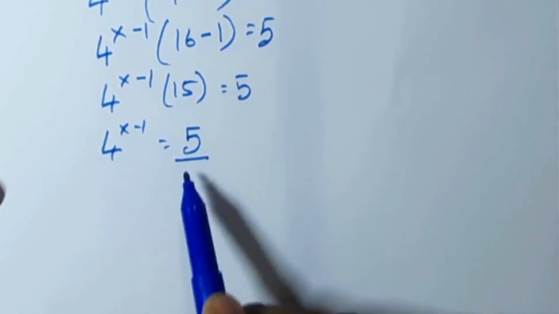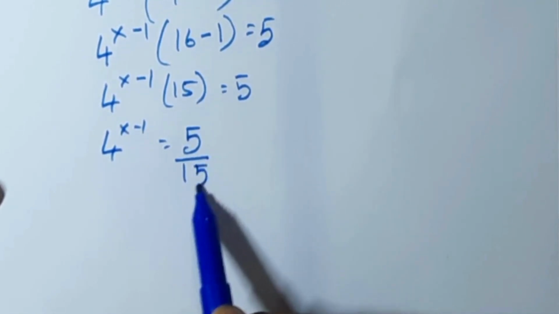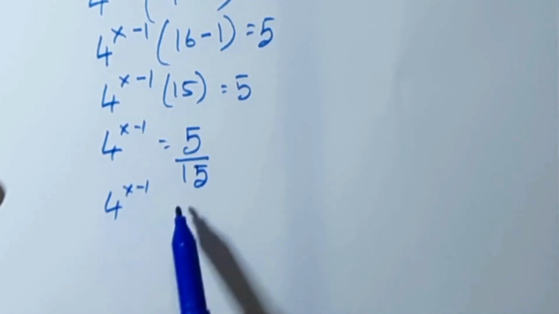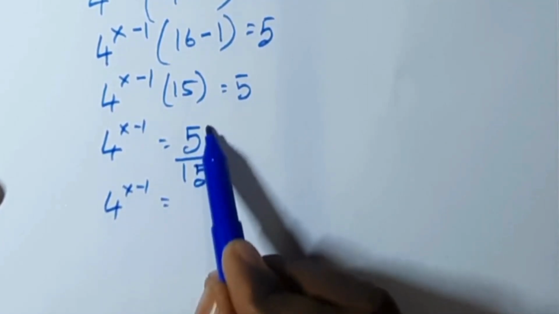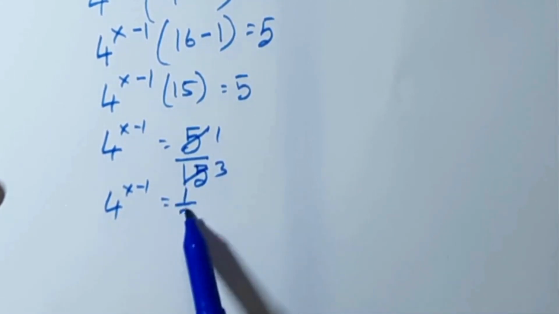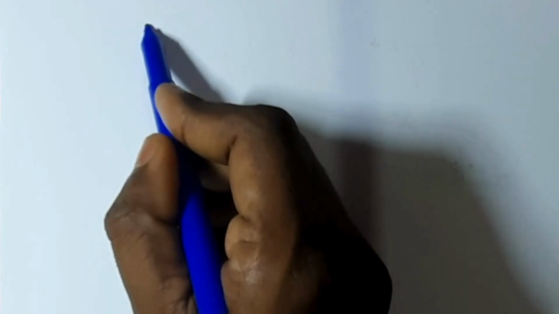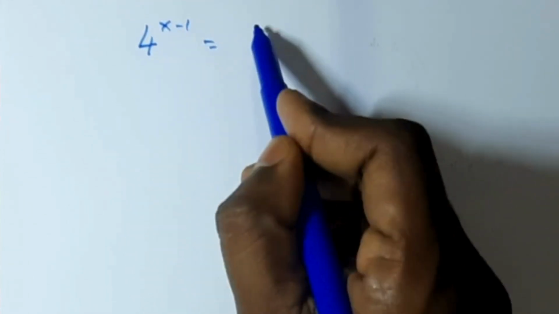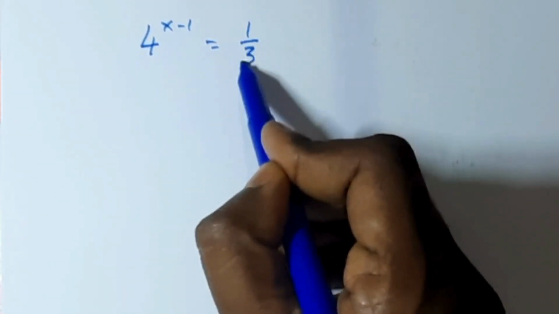Now 4 power x minus 1 equal to 5 by 15, since this 15 will come to the right hand side, in the division side. So we have 4 power x minus 1 equal to, this is cancelling, 1 by 3. Now 4 power x minus 1 equal to 1 by 3.